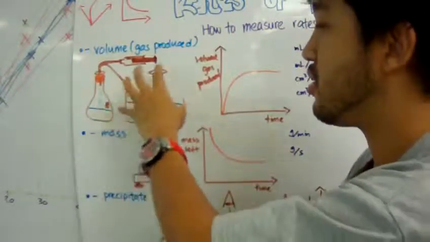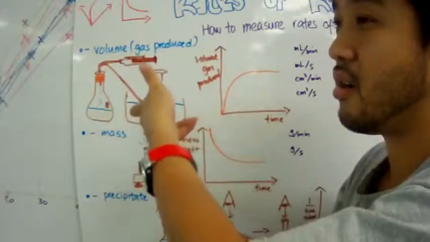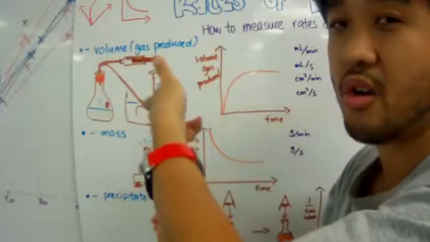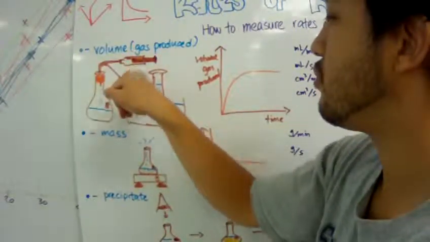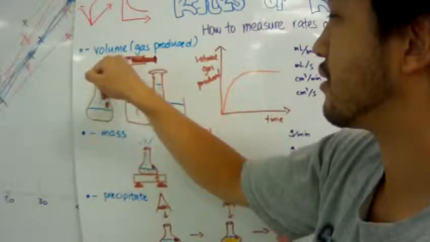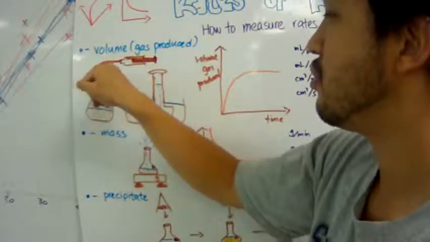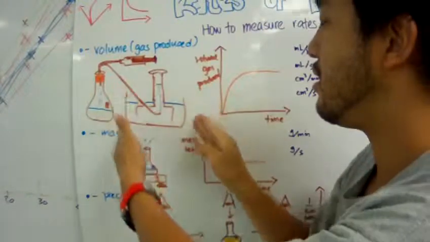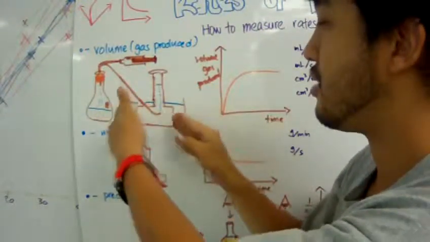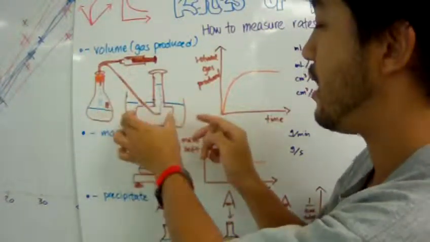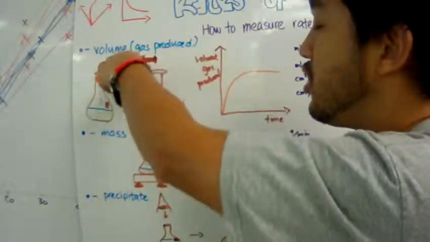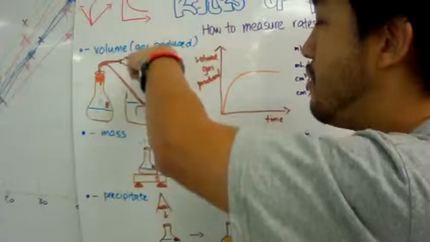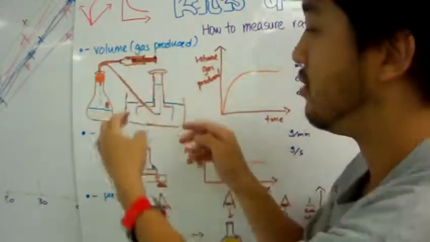Another method is to invert or turn your measuring cylinder upside down, and the delivery tube will, instead of going to the syringe, go down into this little setup where you have a basin filled with water, and a stand where you can put your delivery tube, and a measuring cylinder upside down.